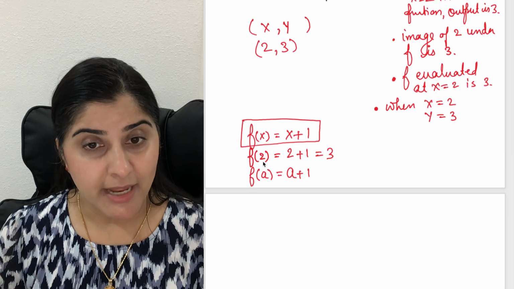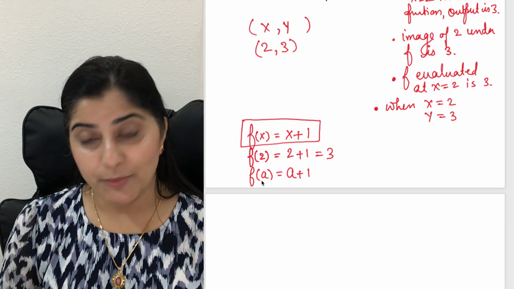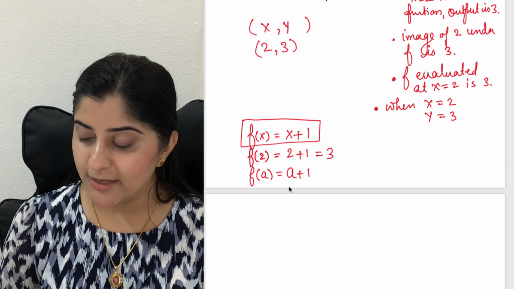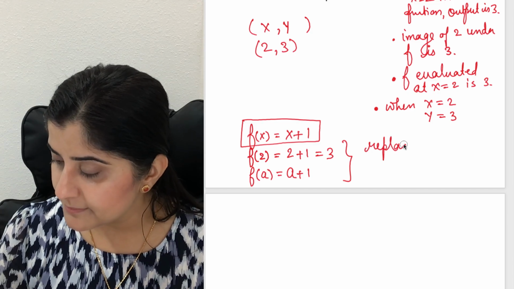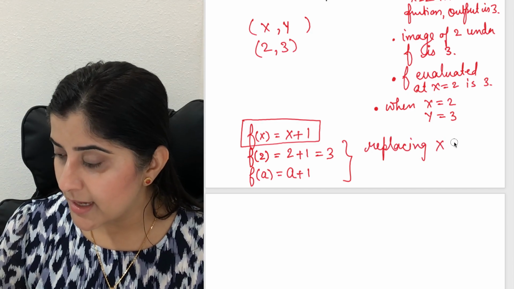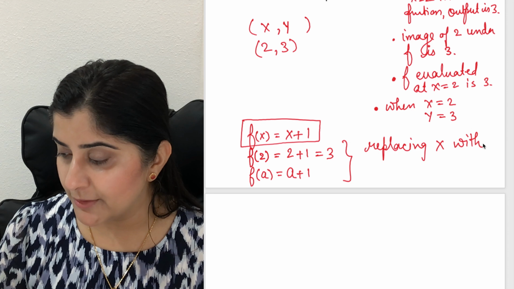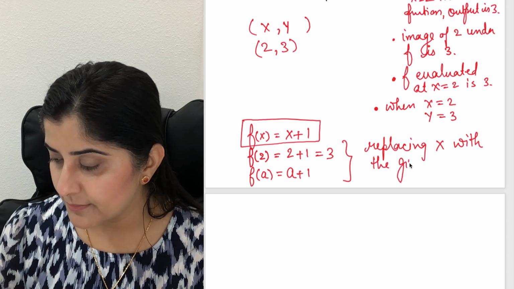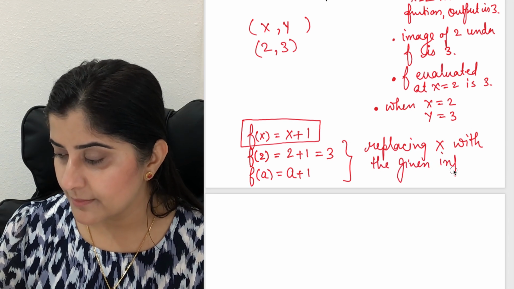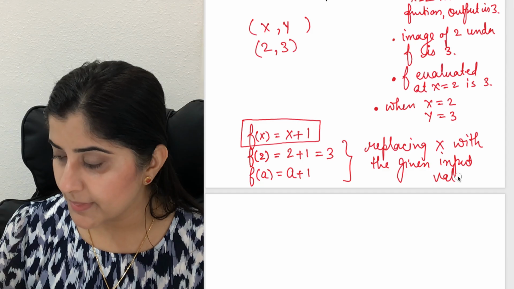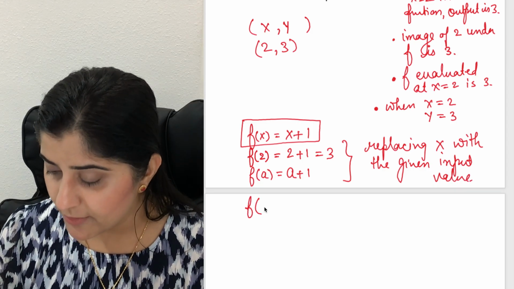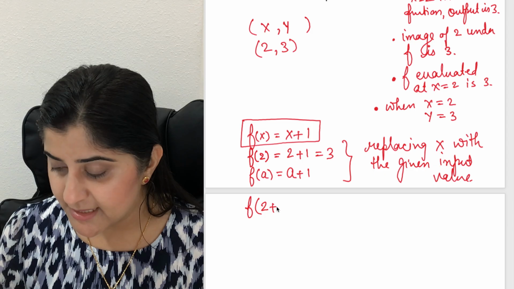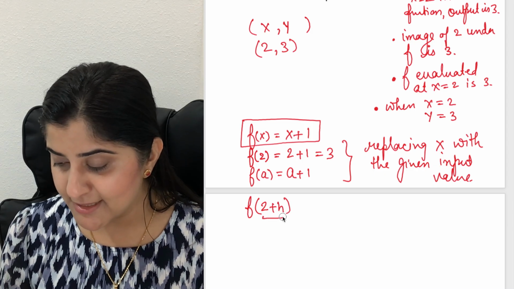So you can input any number in the function, you can input another variable. Ultimately what we are doing is replacing x with the given input value. Similarly, if I ask you what is f of 2 plus h, now this whole thing is the input.